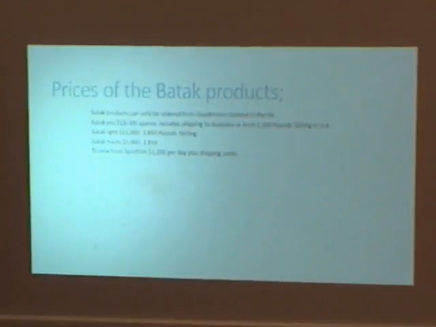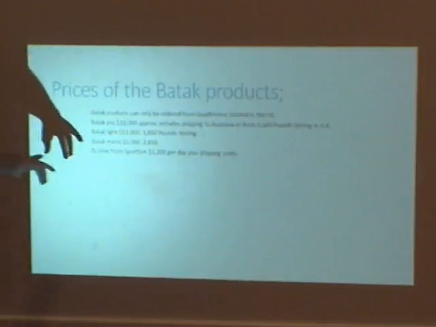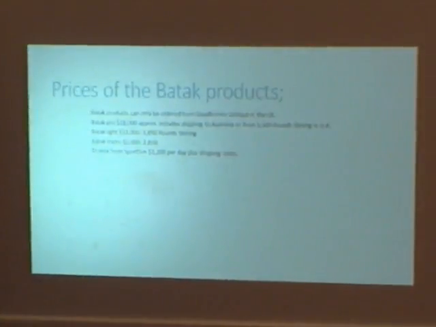If you want to buy one, they can only be ordered from Quadronics in the UK. A guy called David from Sim Sports gave me an approximation: that one's worth $18,000, the Light $11,000, and the Micro $5,000.